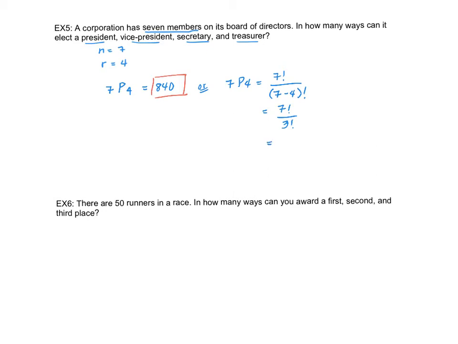And 7 factorial is 7 times 6 times 5 times 4 times 3 factorial, so I'm just going to write 3 factorial over 3 factorial, and those cancel. So 7 times 6 times 5 times 4 should be 840.